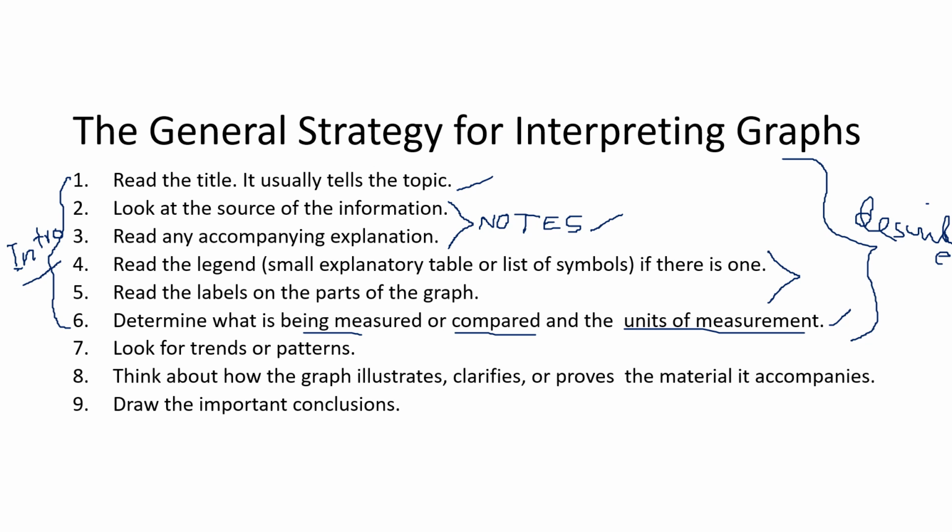Next, in one of the body paragraphs, I repeat, in one of the body paragraphs, meaning this could be paragraph 2, focus on the trends or the very obvious patterns.